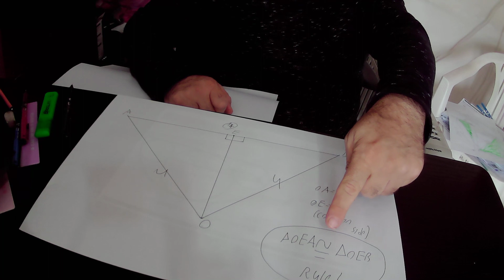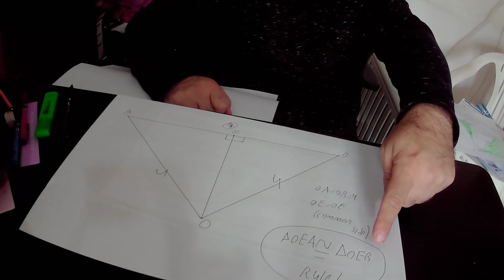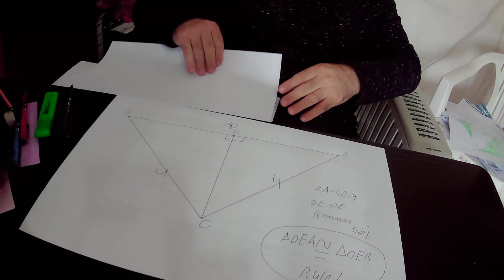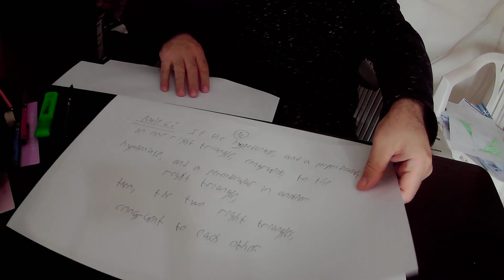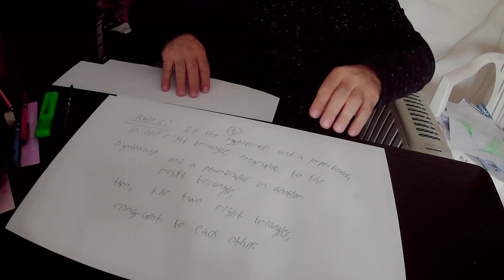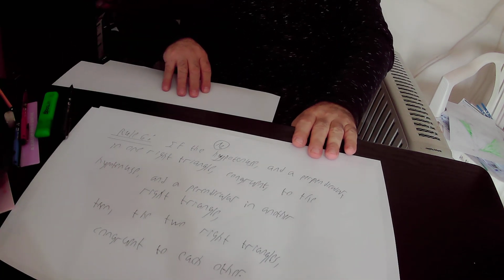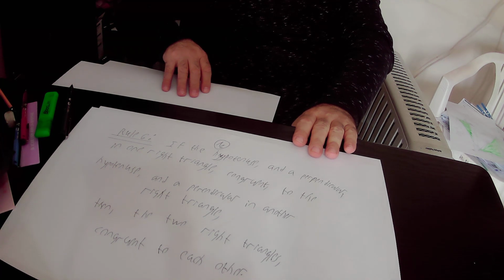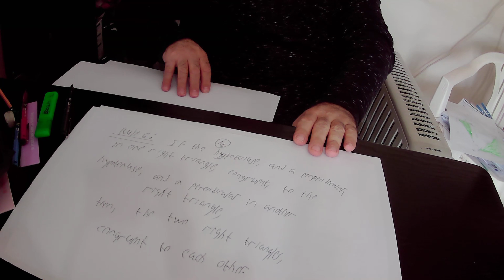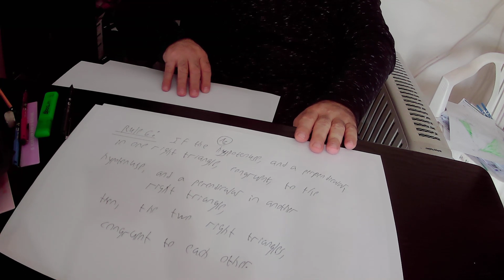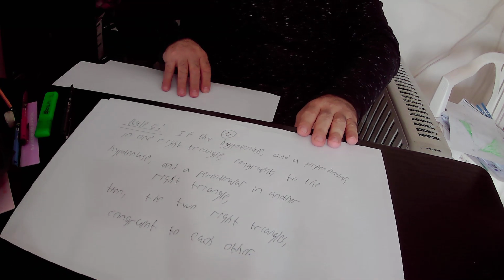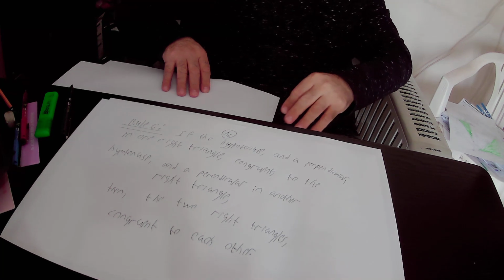That is to say, triangle OEA can go into triangle OEB according to rule number 6. What is rule number 6? Rule number 6 states that if the hypotenuse and the perpendicular in one right triangle can go into the hypotenuse and the perpendicular in another right triangle, then the two right triangles can go into each other.